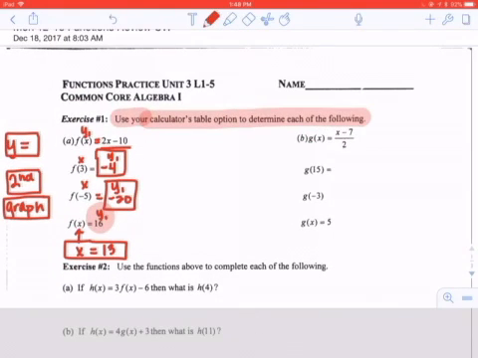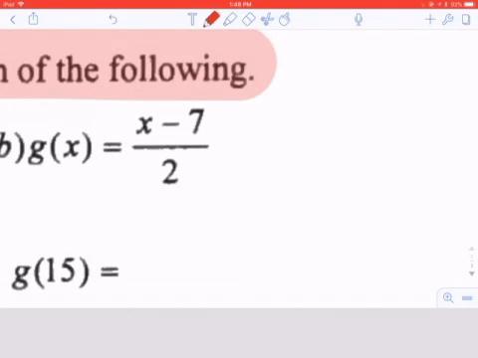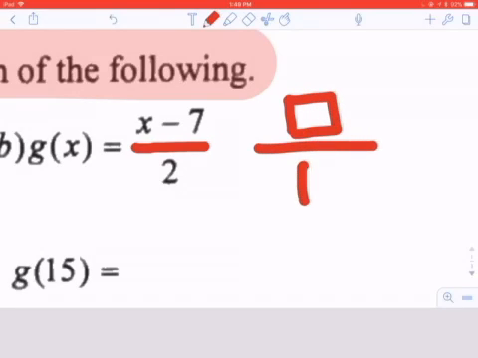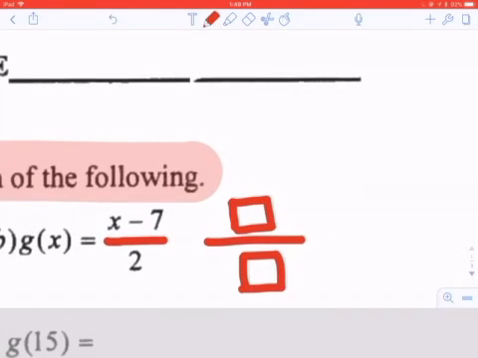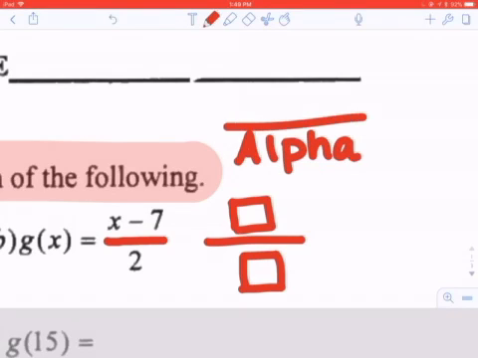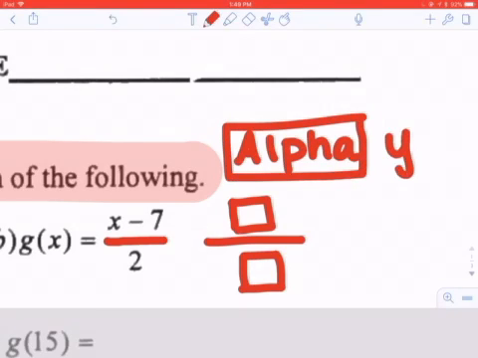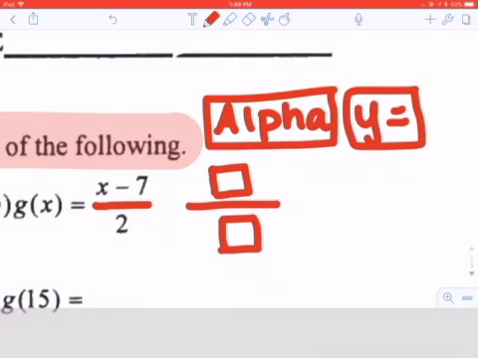Okay, and then the same thing for g of x over here. I would just clear what you have in y1 and then type this. Remember to type a fraction. I think the best way is to get that little empty box in the numerator and empty box in the denominator, and the way we get that is by going to alpha, y equals, and then it's choice 1, n over d.